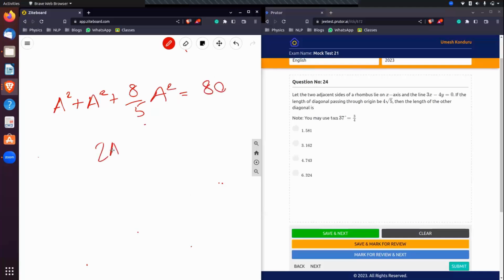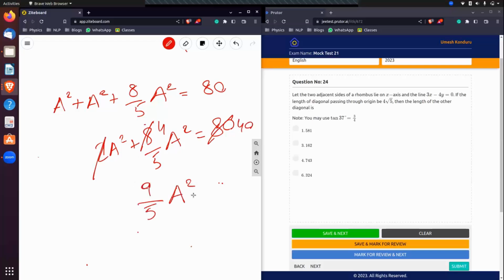That means a square plus 8 by 5 a square, so 9 by 5 a square is 40. And now you want to figure out 2a square minus 8 by 5 a square. So 2 into 5 by 9.